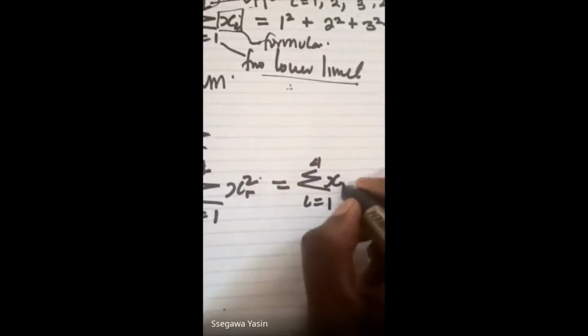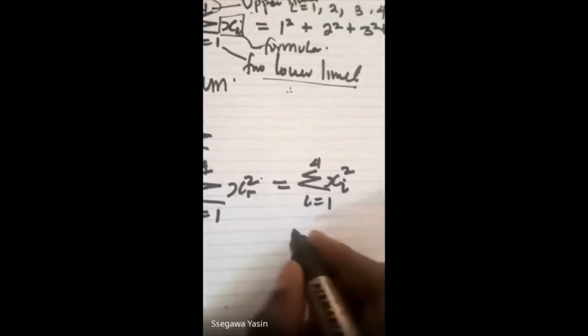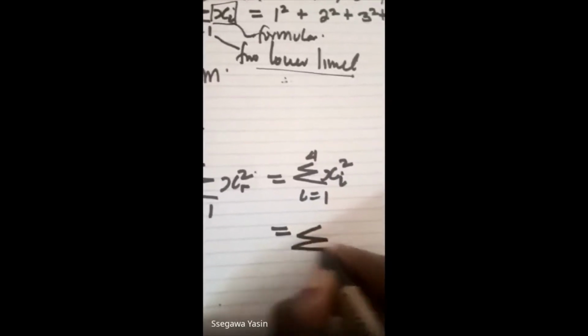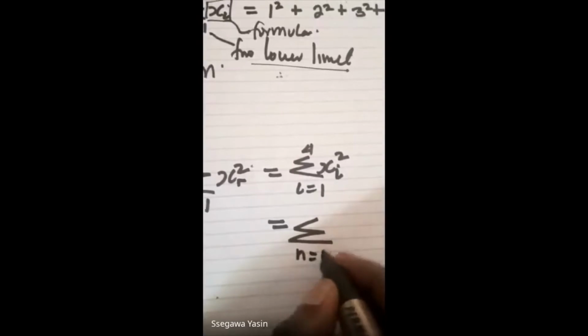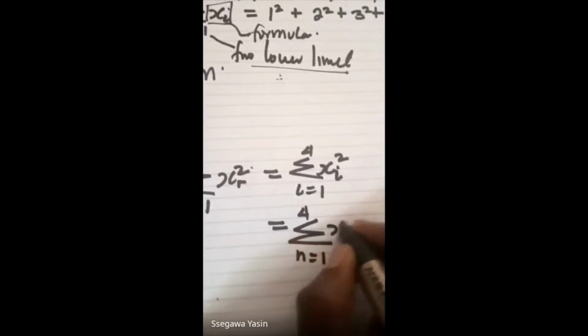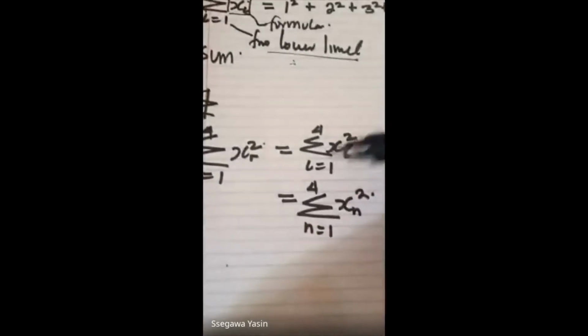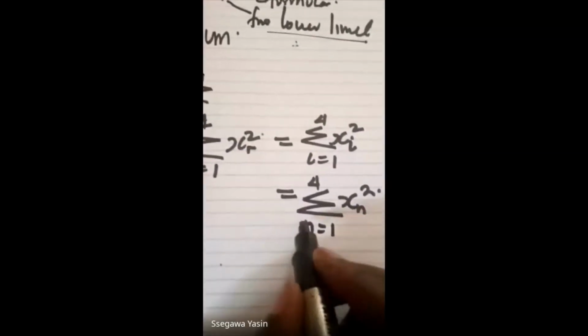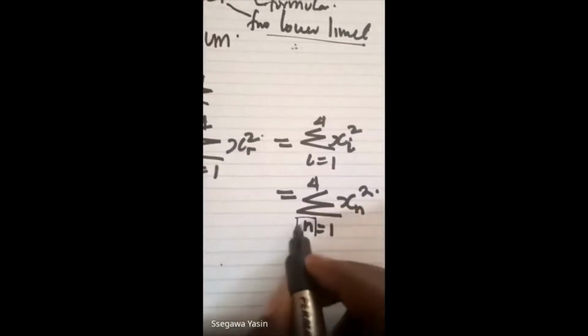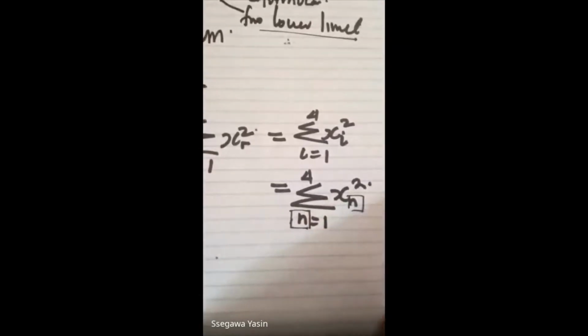This is xi squared. It is the same thing as writing n equals 1 to 4 of xn squared. So what is important is that what you are substituting for this guy here should be the same guy you are putting.